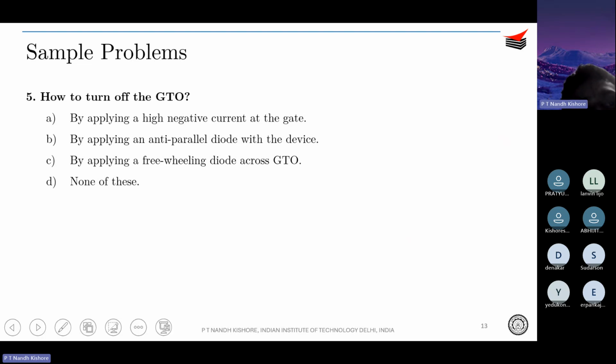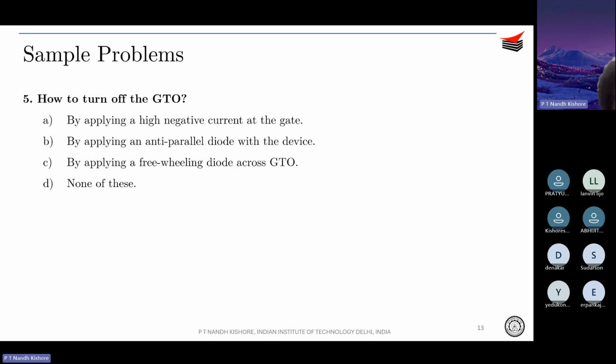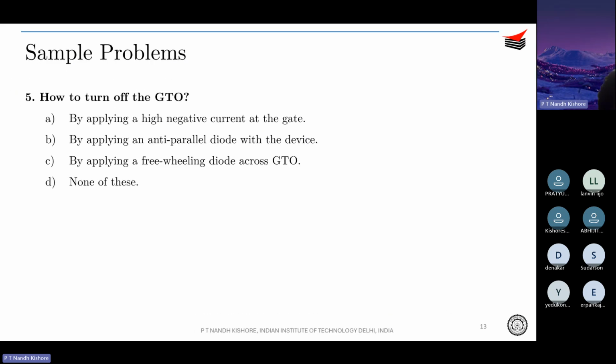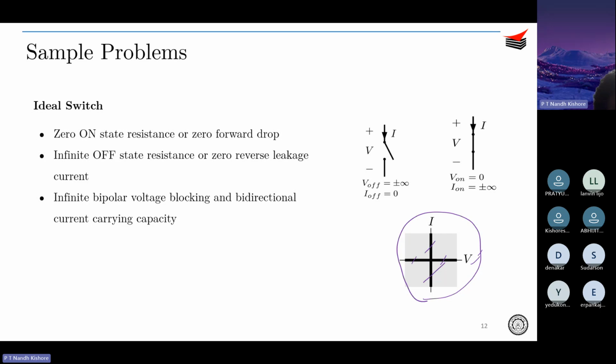How to turn off the GTO? By applying a high negative current at the gate, by applying an antiparallel diode with the device, by applying a freewheeling diode, or none of these. As I was mentioning earlier, with an SCR you can have control only over its turn on.